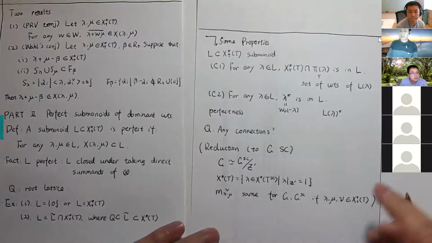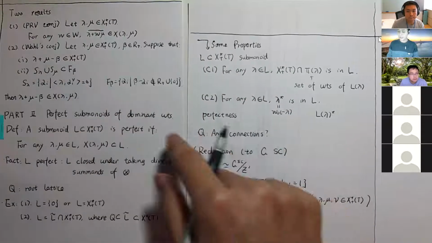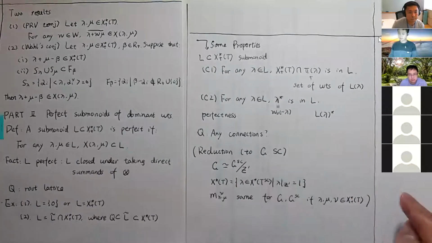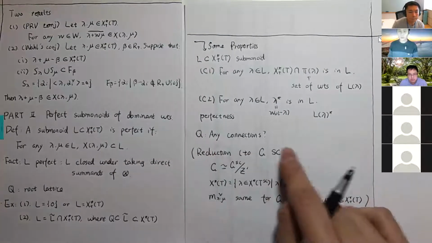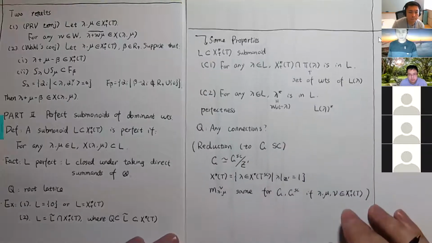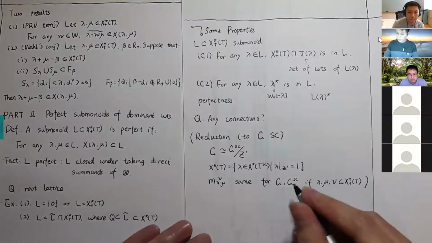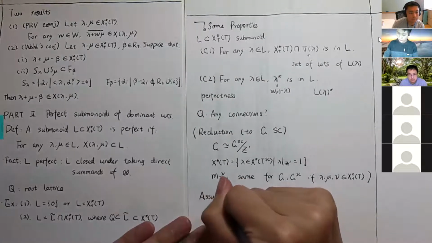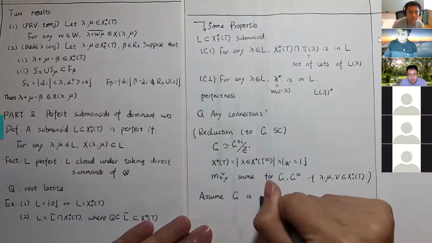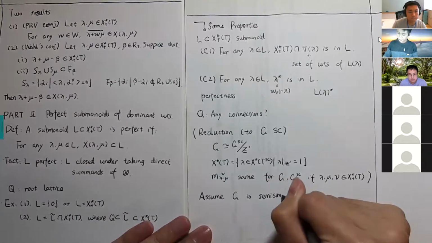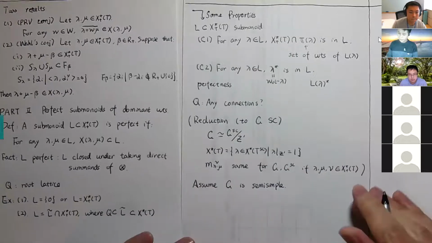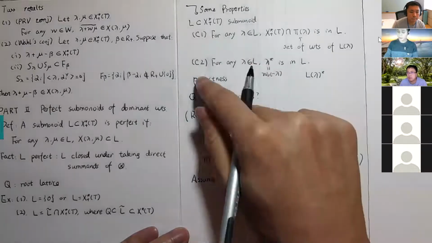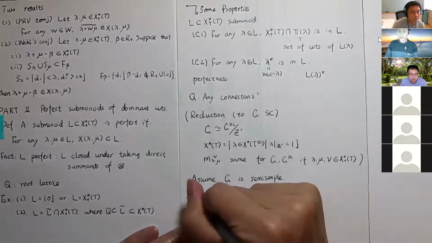So actually, we can pass all these conditions above to the case when G is simply connected. So from now on, we assume G is a simply connected group. And we'll first start from the case when G is semi-simple. So we first assume G is semi-simple.